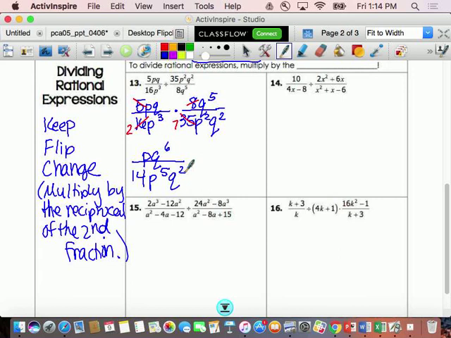When I reduce this, there's no constant value to reduce, so I'm just going to leave that down here. Then I'm going to divide my p's. This one has an understood what? 1. 1 minus 5 is negative 4. So we have p to the 4th. Where do I put it? The bottom, because a negative would go on bottom.